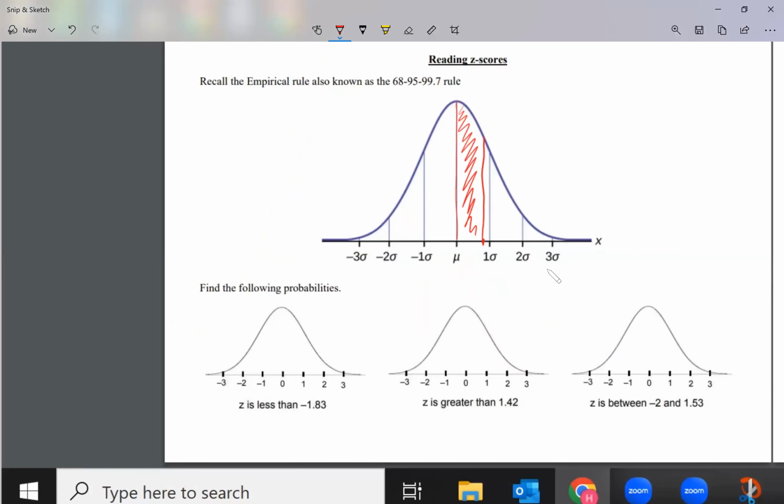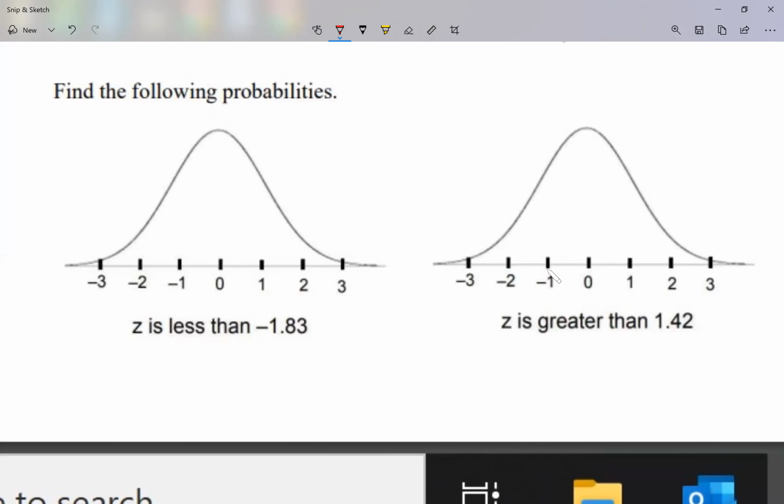Now, let's take a look at the bottom part. Find the probability that Z is less than negative 1.83. That is somewhere about here.